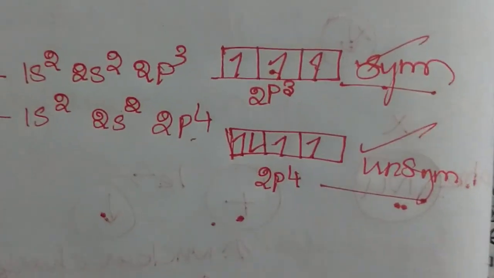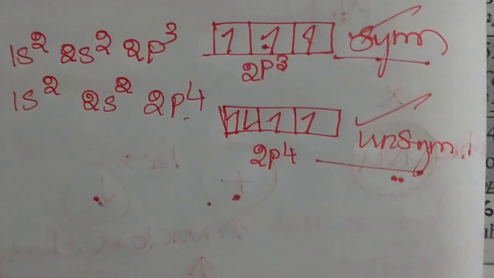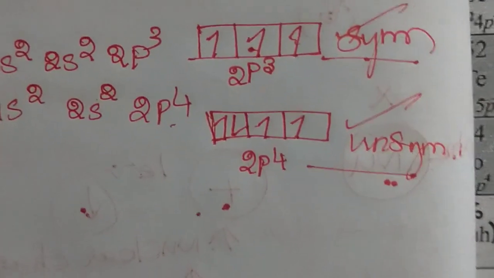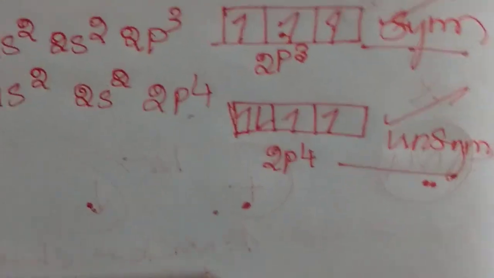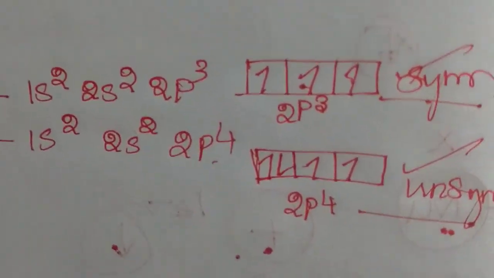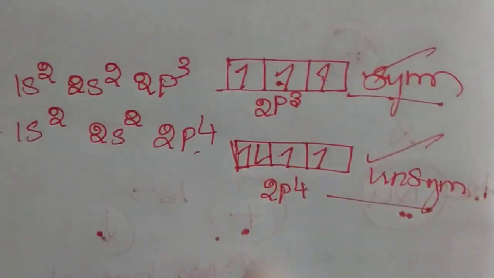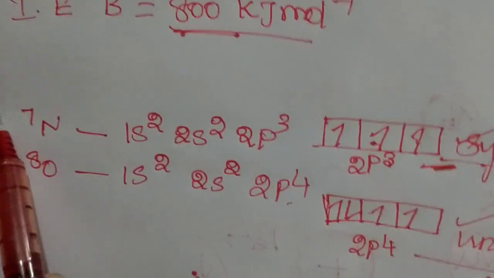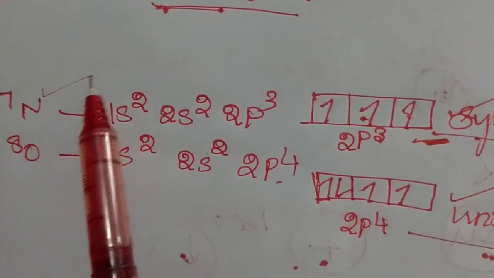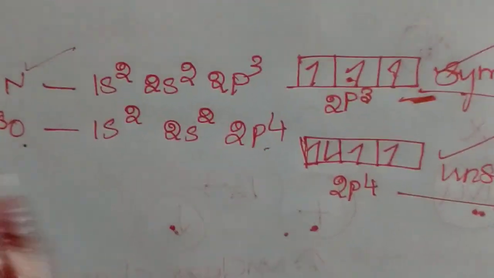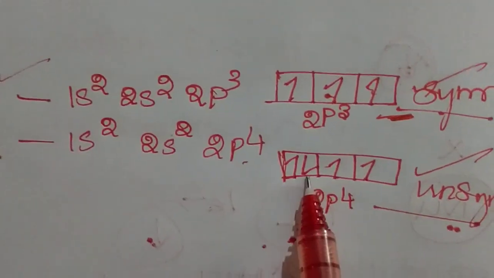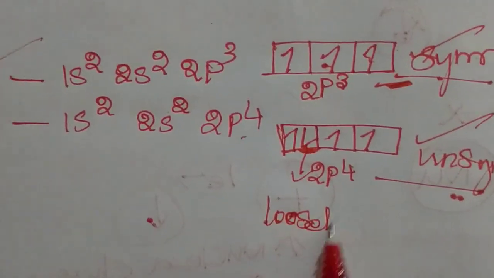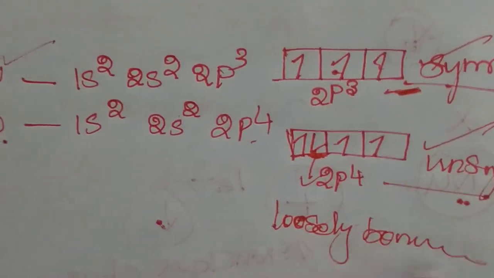Okay, so more stable means it needs more energy. Removing a stable electron is difficult, or it requires more energy to remove the electrons. So because of that stability, nitrogen requires more ionization energy than oxygen, because in oxygen the fourth electron is a loosely bound electron with the orbital.